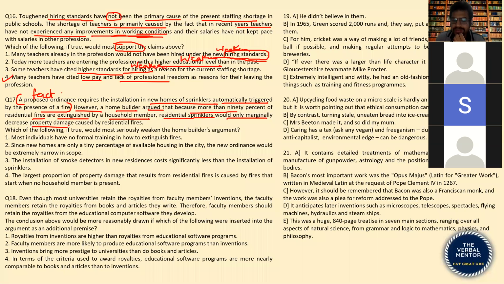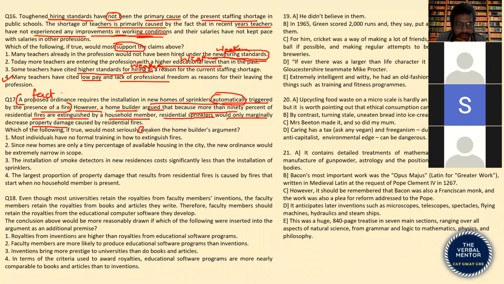So the argument is these new automatic machines will not reduce the property damage much because 90% of fires are extinguished manually by someone. Someone has to extinguish the fire.